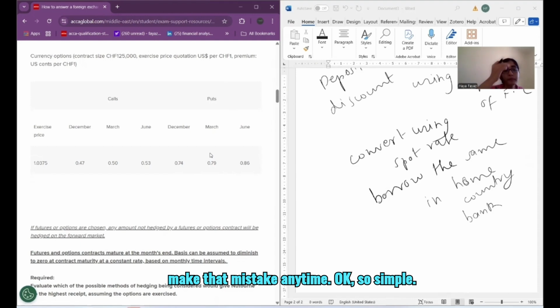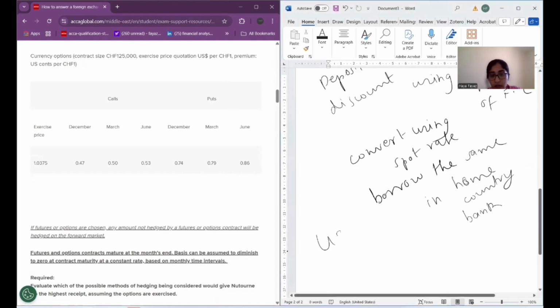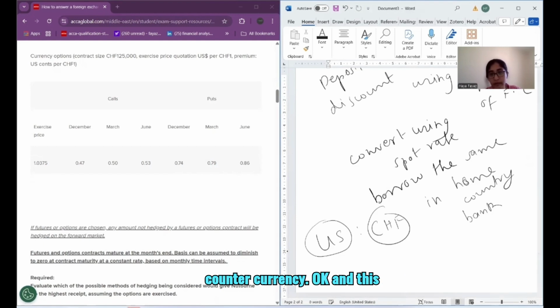Okay. So simple. Now I have the counter currency and the base currency. For your kind information, this is the base currency and this is the counter currency. And what is being given to me is $1.0375 per CHF.